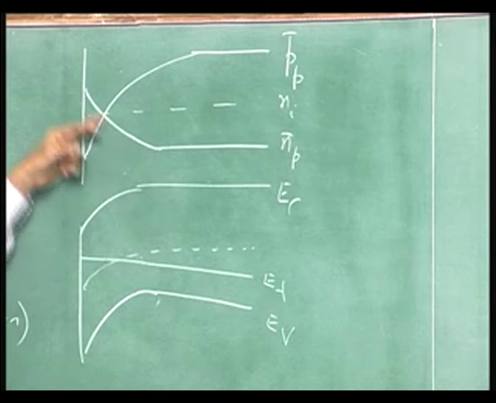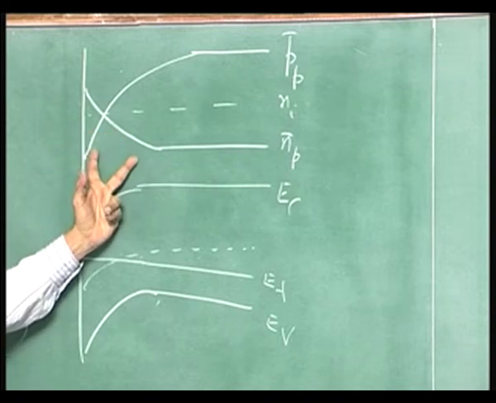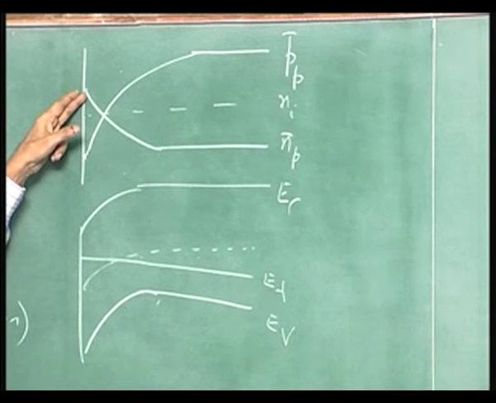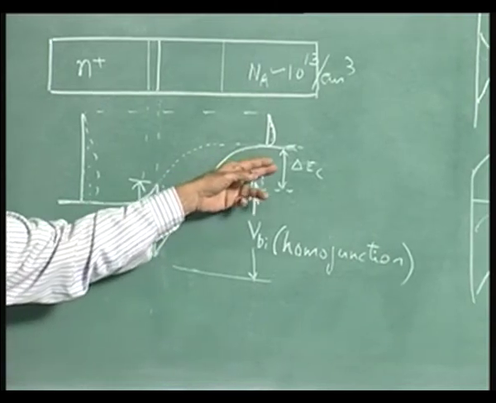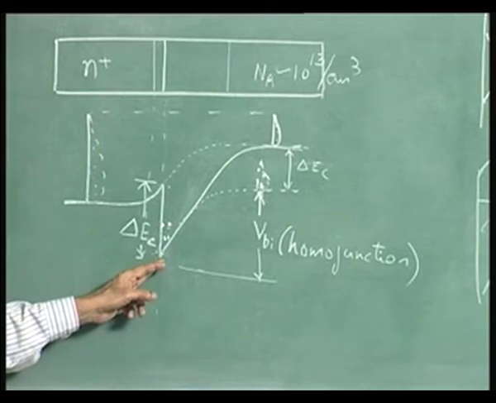How much the concentration increases here depends upon how much is the potential drop between these two. n p bar times e to the power of phi s by V t is equal to the concentration here. In the same way, electron concentration here will be equal to whatever minority carrier concentration is present here multiplied by the potential change e to the power of phi s by V t.